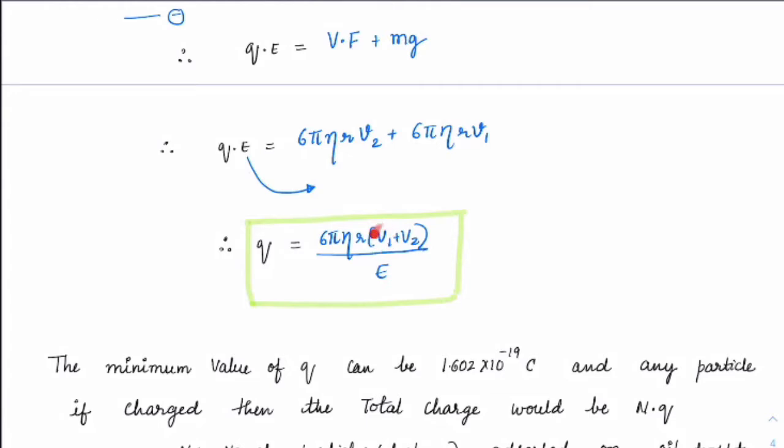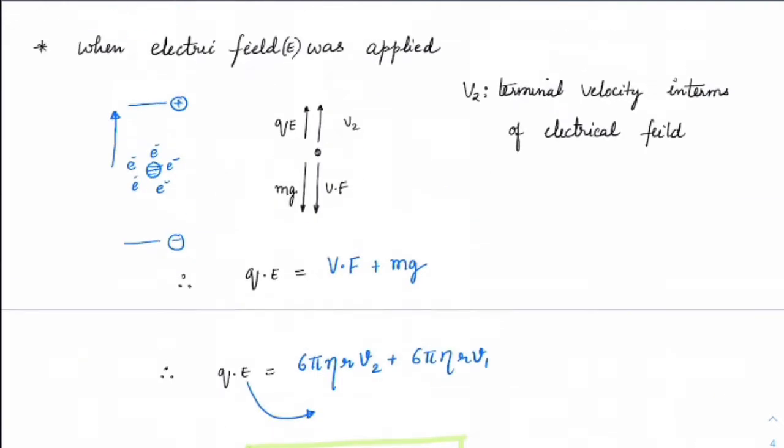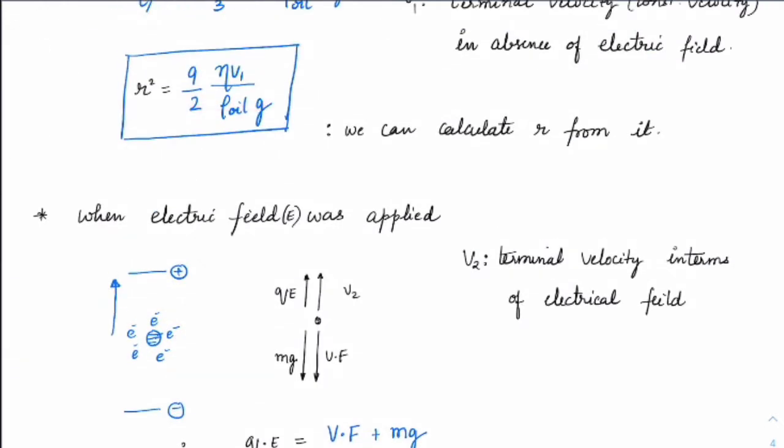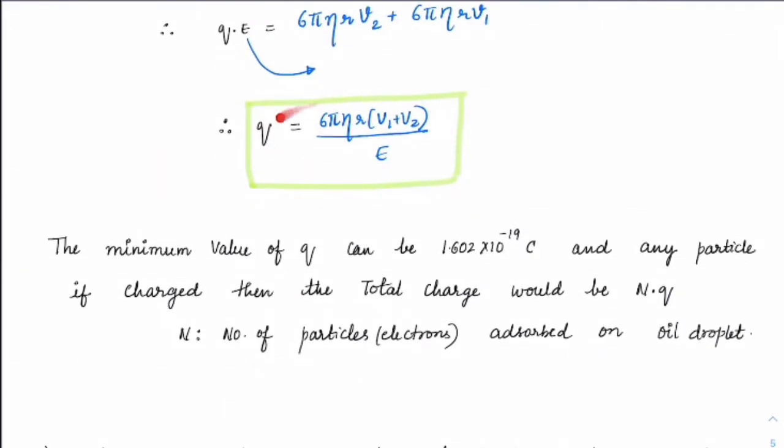Okay, practically we can calculate V1 and V2 through the experiment. We could calculate E also, which is the electrical field, because as an experiment we are the ones giving that electrical field. R is something which we have calculated already from above, and by this logic Millikan was able to calculate Q, which is the absolute charge of those particles.